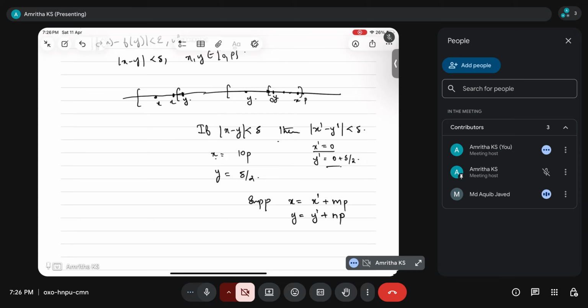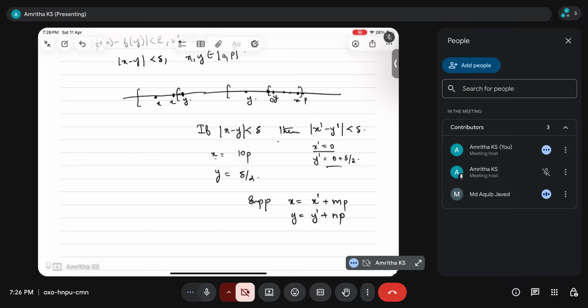There has to be the same mp because, why? Oh, you want the same np?